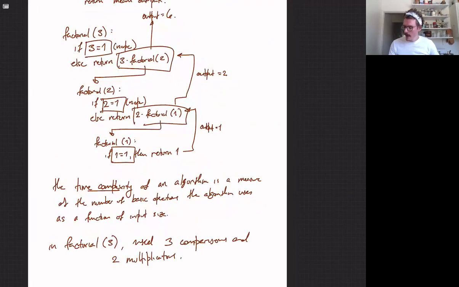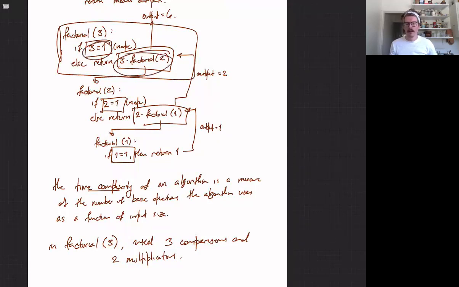And if you look at how this pattern goes, each time you call the function, it's going to have 1 comparison and 1 multiplication, unless it's the last one.